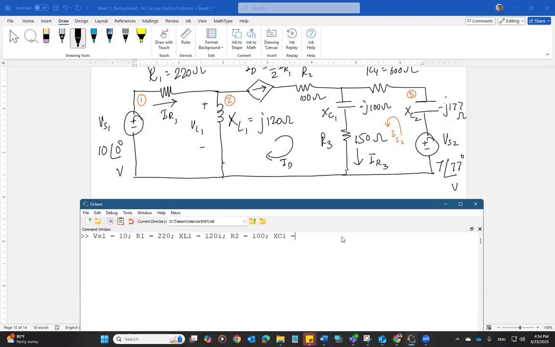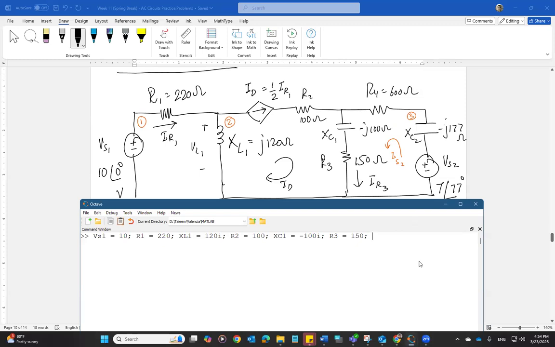XC1 equals negative 100i. R3 equals 150. R4 is 600 ohms. XC2 is negative 177i.